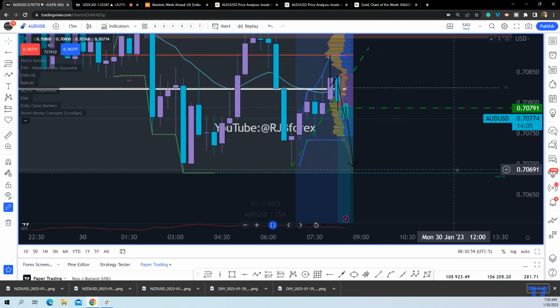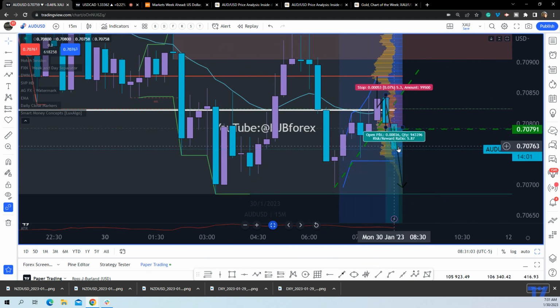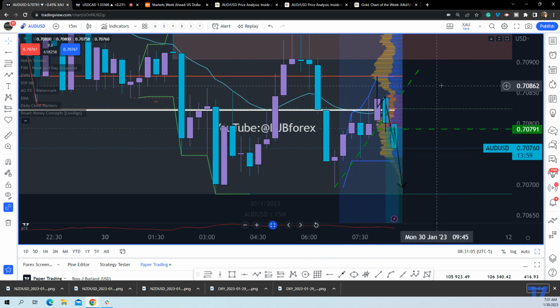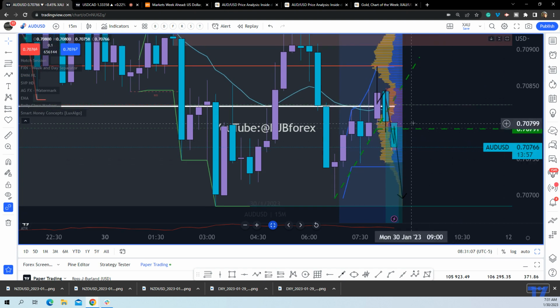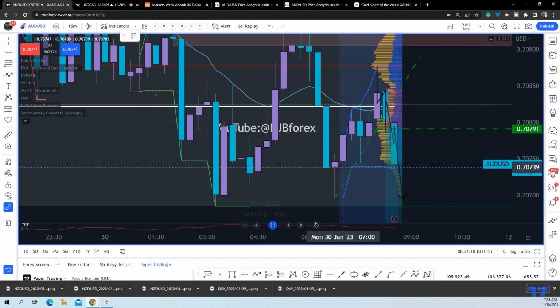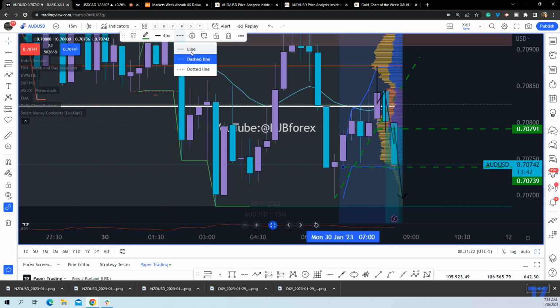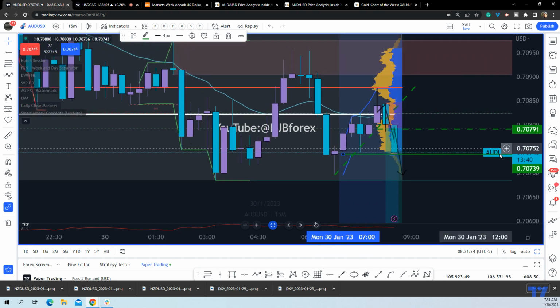So on this 15-minute rotation, we've got the M formation being put in place, probably. So we're looking for this 15-minute candle to break this structure. Get a close below there, that would be fantastic. So we'll just mark that off. Keep it solid for now until it closes below.